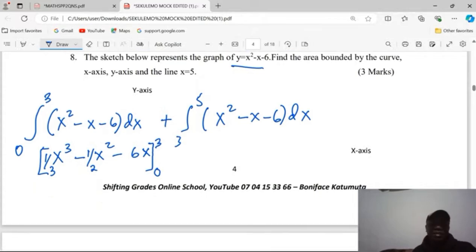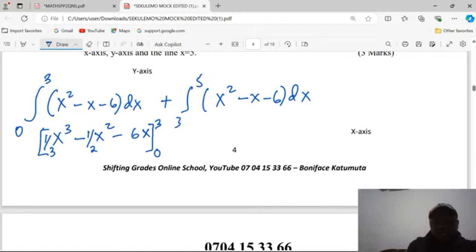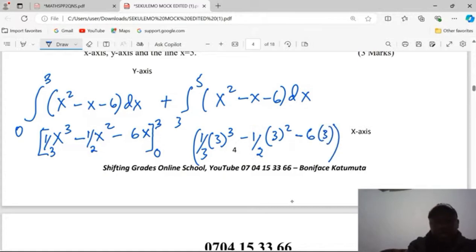Actually, we can finish up with the first area. We underline it. So we substitute 3 so that we have a third, 3 power 3 minus half, then we have 3 squared, we subtract 6 times 3.